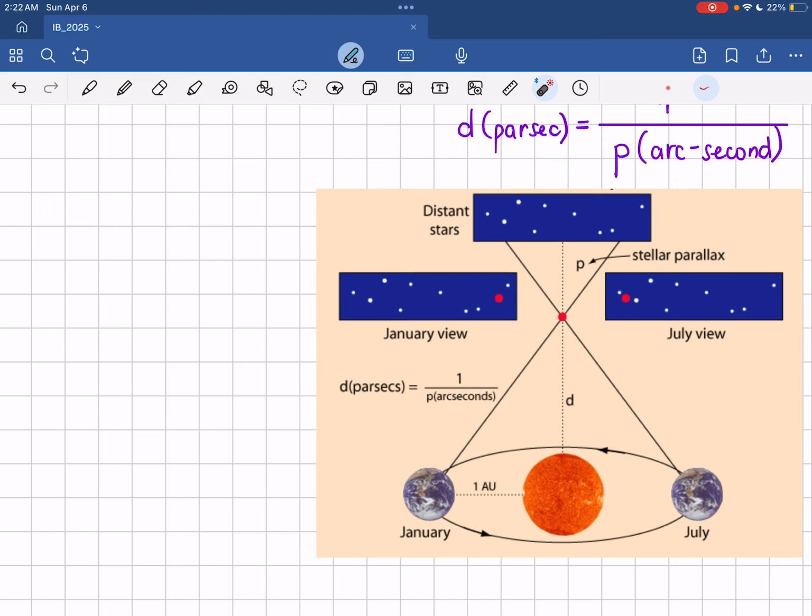So then we can see that this little angle here will equal this angle here. And because this is really small, it's measured in arc seconds. So that's why we can just apply basic trigonometry here.